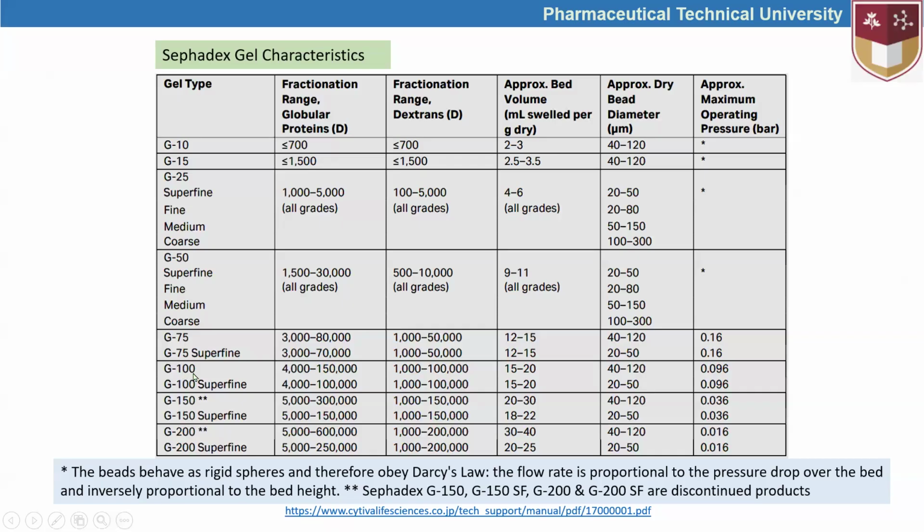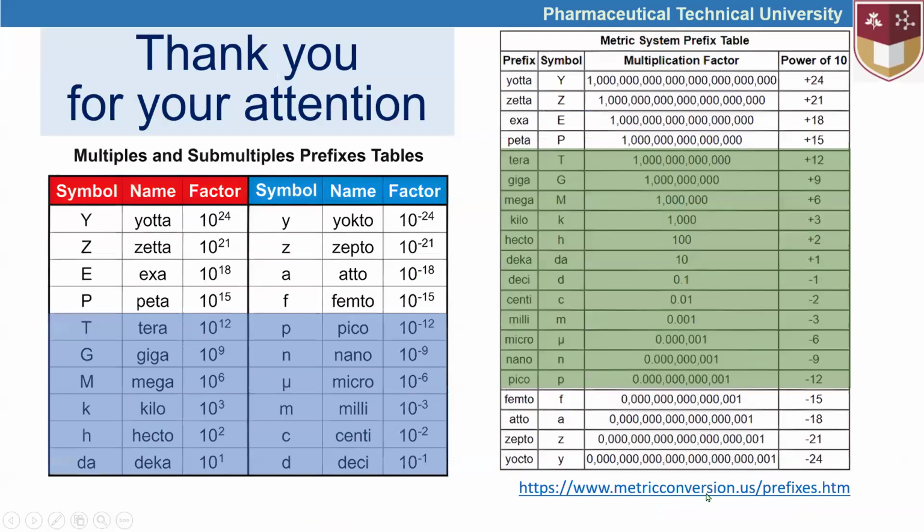In G100, 150,000, and G100 superfine is 100,000, and a similar tendency holds between G150 superfine and the next one as well.